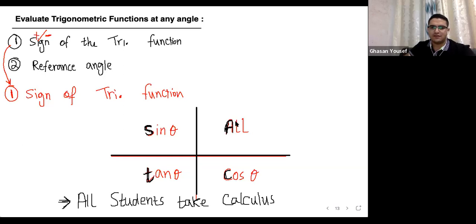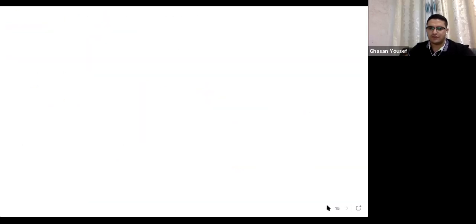So we finished the first one. I gave you the sign. I gave you the reference angle by giving you the table. Then next time I'm going to give you examples. You should know the angle in the first quadrant, the second quadrant, the third quadrant, and the fourth quadrant. The first angle here is pi over 3. In the second quadrant, it is 2 pi over 3. In the third quadrant, it is 4 pi over 3.